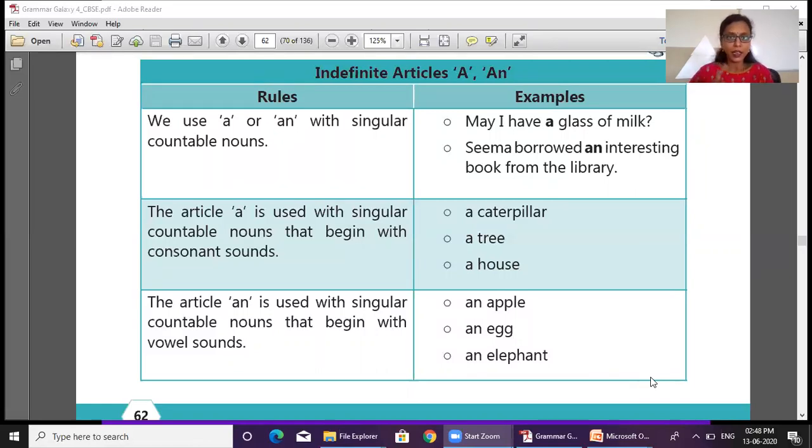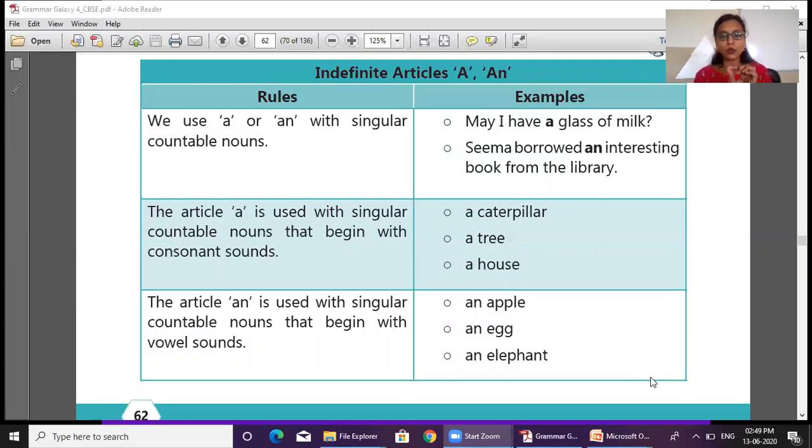A is used with singular countable nouns that begin with a consonant sound. Consonant sound, the words which start with a consonant sound, children. Look at the examples. A caterpillar, a tree, a house.